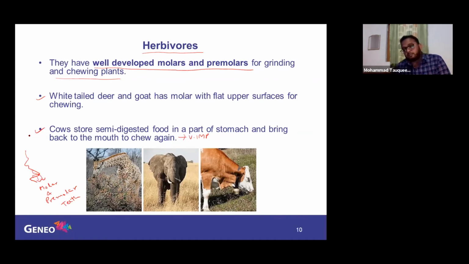Because they are herbivores, it is very much required. And cows store their semi-digested food in a specialized part of their stomach, and when needed, they take it into their mouth and chew. This is important because questions can be asked.